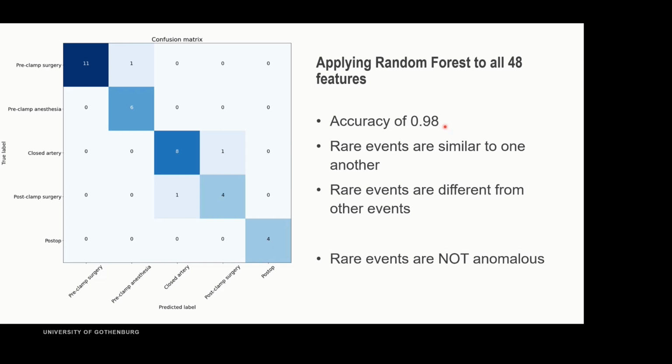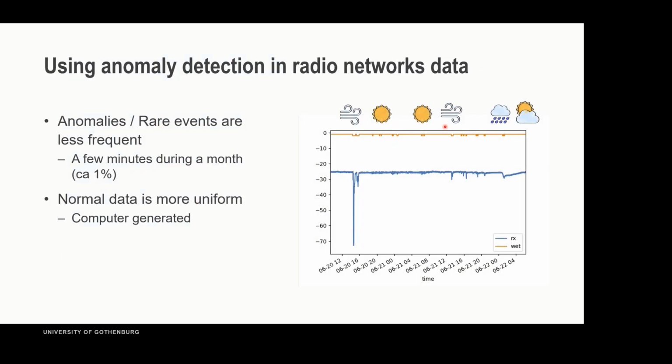Well, to do that, we run this on the anomalies from the radio networks, because for the patient data, we only have a specific number of hours during the operations. But for the radio network data, we can have generated data for years or months, so it's quite many data points, and we can play around with that data much more than with the patient data.